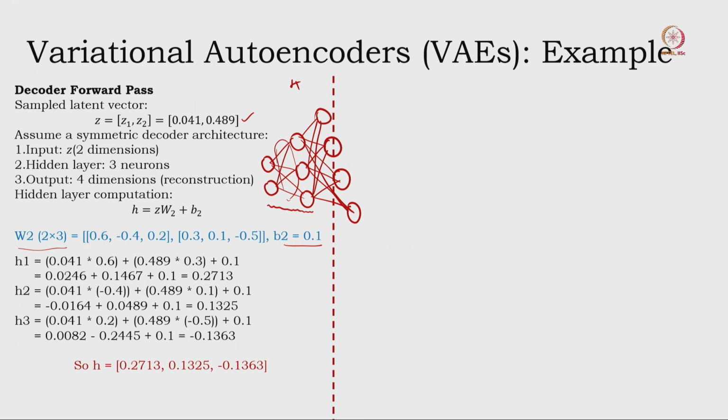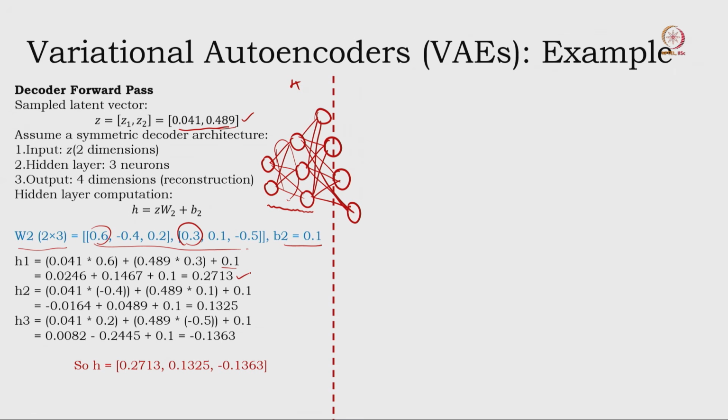The calculation is Z multiplied with the weight plus bias. Z are these values and these are the weights. So, the first 0.041 is multiplied with this weight, then the second 0.486 is multiplied by this weight, plus the bias term, we are getting this.